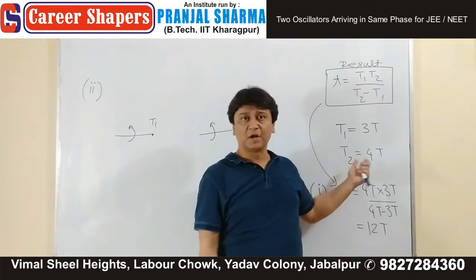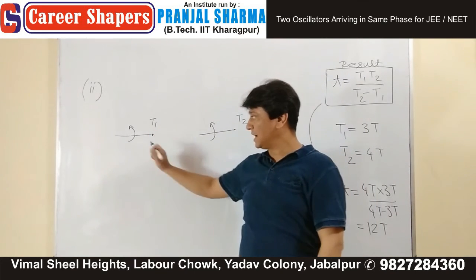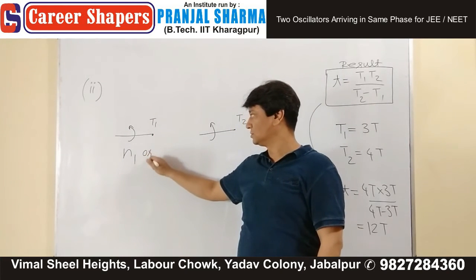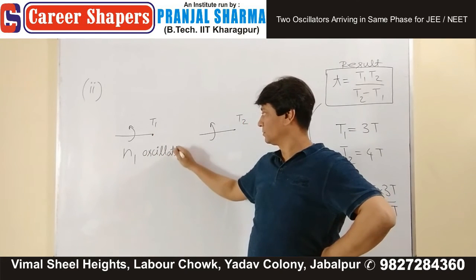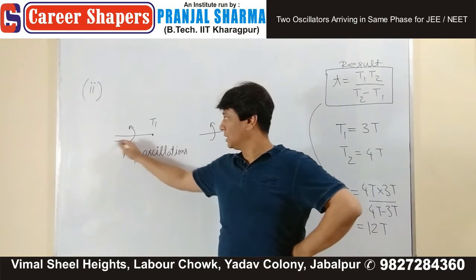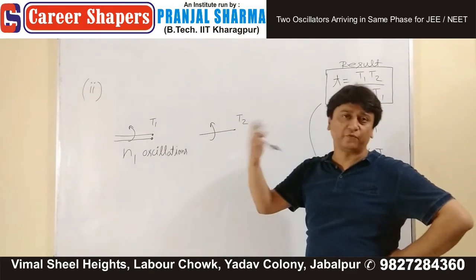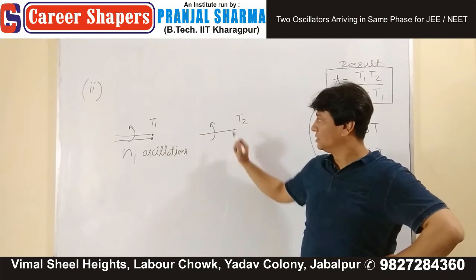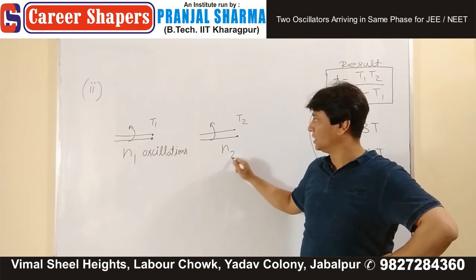In this question, I have no idea. So let's say this T1 completes N1 oscillations. When it is back at this position, it has completed 3, 4, 5, 6, I have no idea, N1 oscillations. This one has completed N2 oscillations.